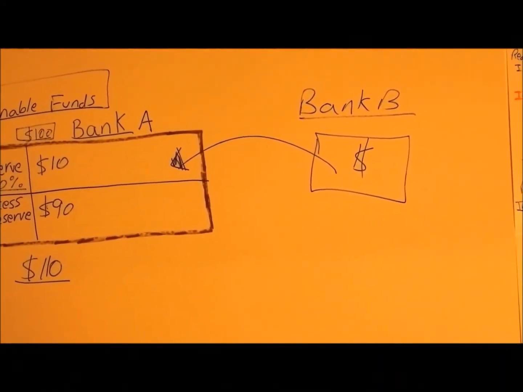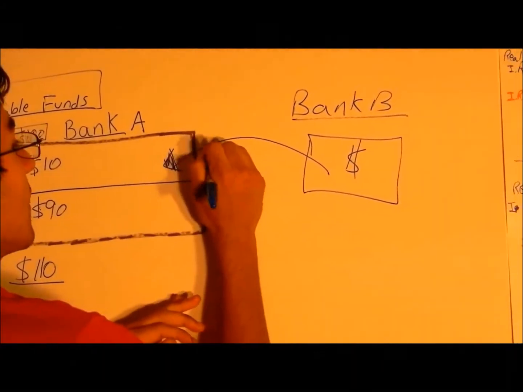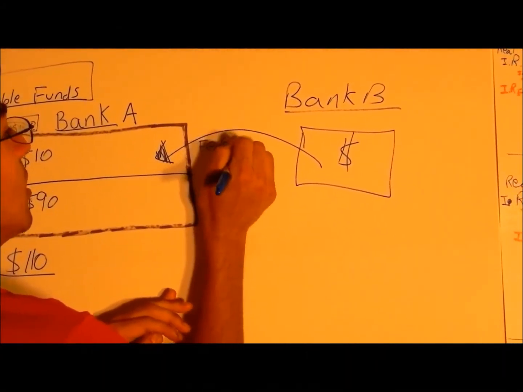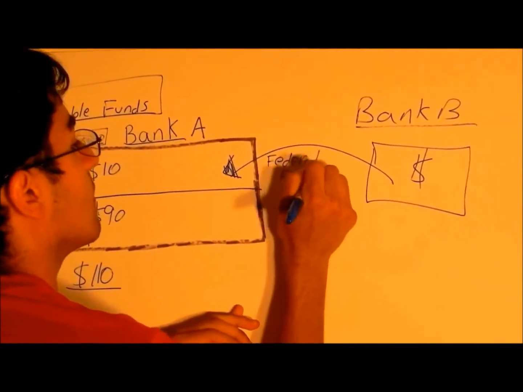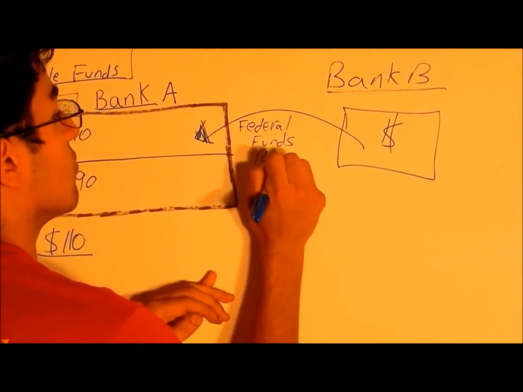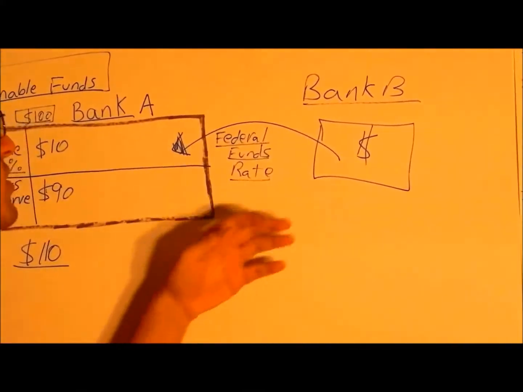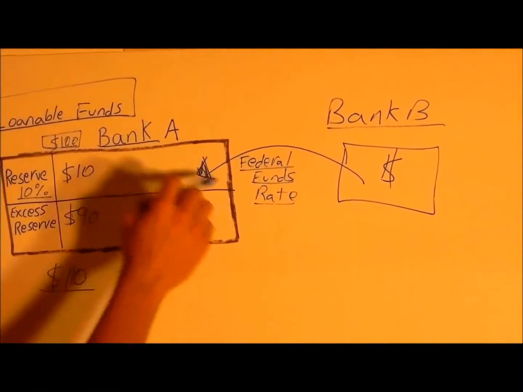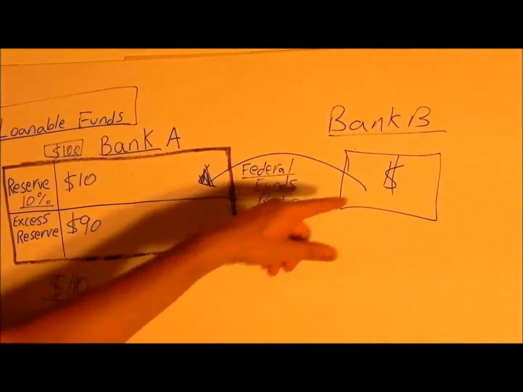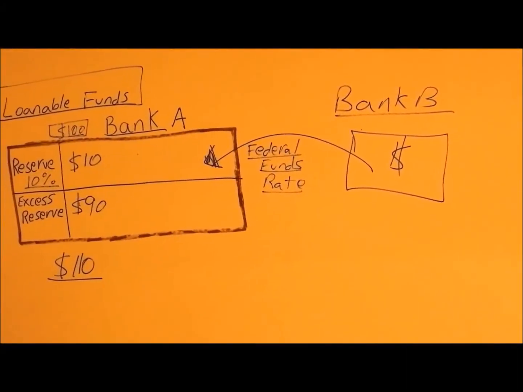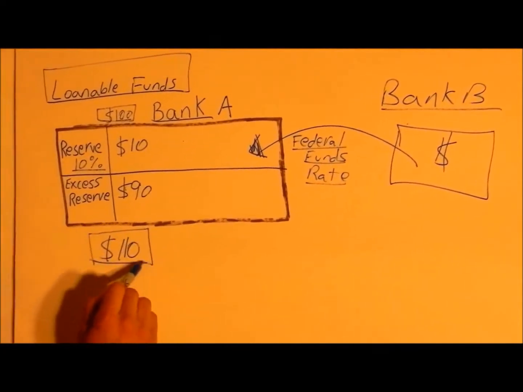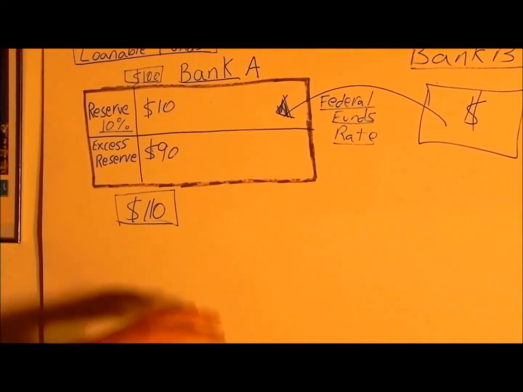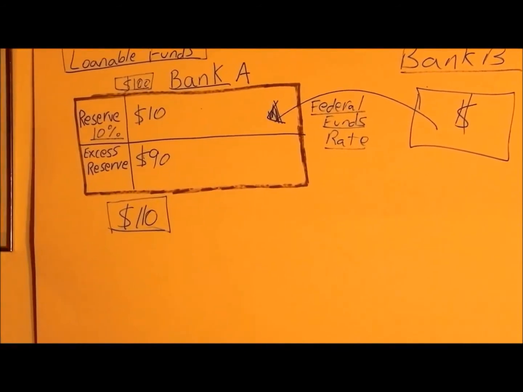And what do we call that interest rate? It's called the federal funds rate. That's the interest rate that Bank A has to pay to Bank B for allowing it to earn money. So Mr. Romoff can take that investment and buy capital.